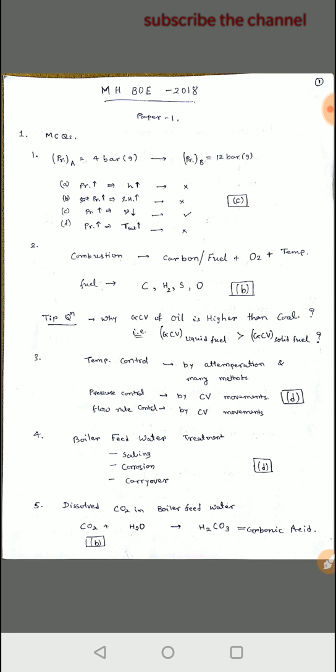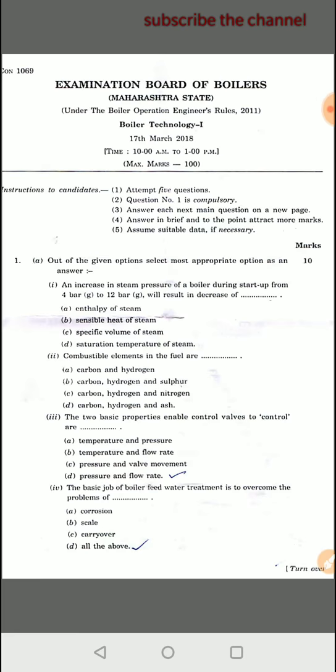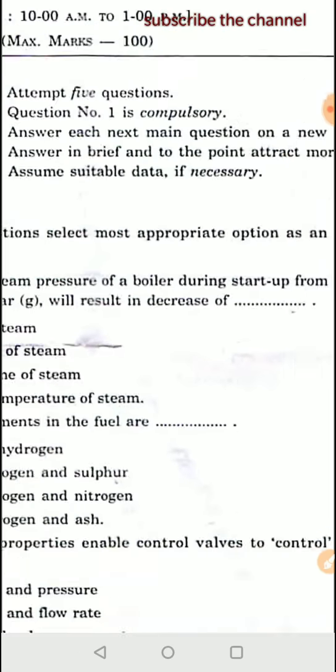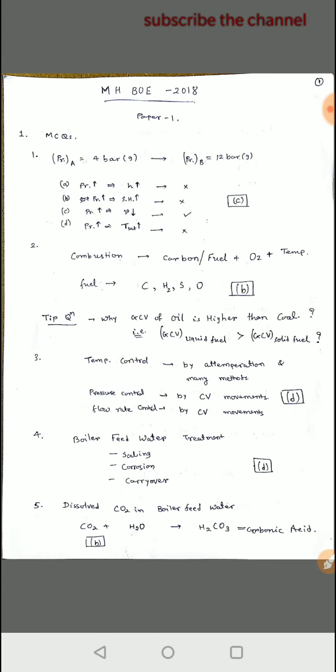For condition A, pressure is 4 bar gauge. For condition B, pressure is increased up to 12 bar gauge. For the first option, if pressure is increasing, enthalpy increases, and they have asked for decrease. B option: if pressure increases, sensible heat also increases, so it will not be the answer.